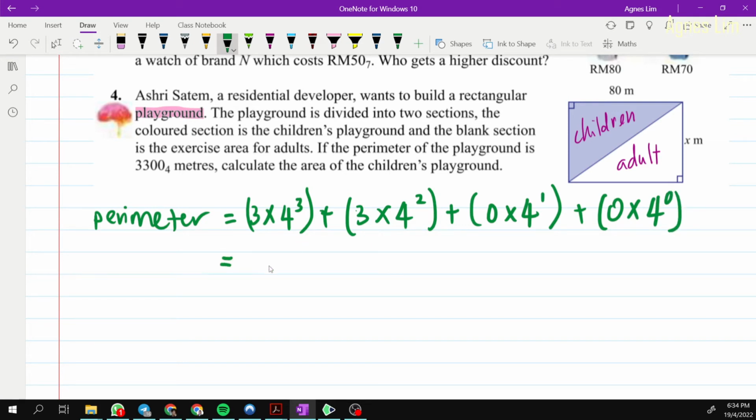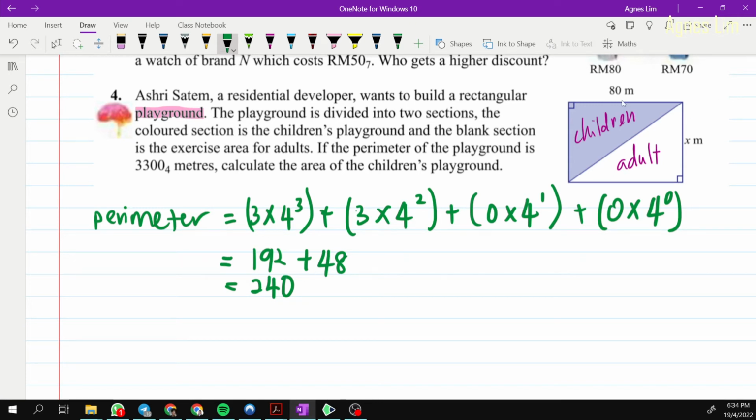Use your calculator. 3 multiply 4 cube, you should get 192, plus 3 multiply 4 square, which should be 48. Total these two, it will be 240. So this is the answer in base 10.